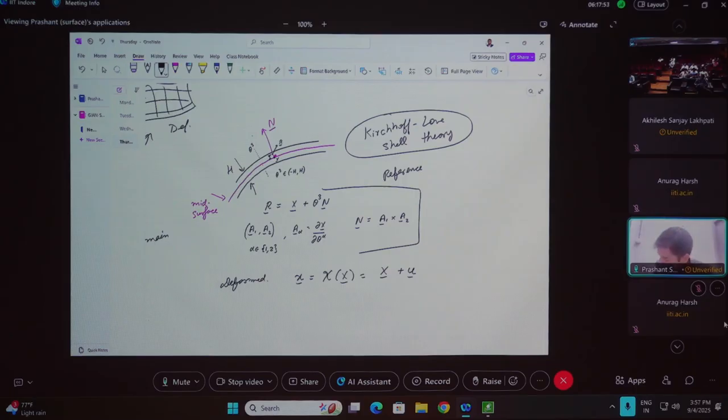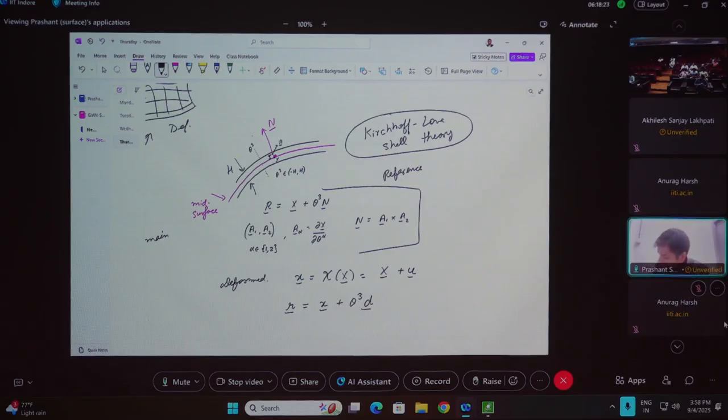And then you can write down the position vector of the deformed point using the same approach, plus theta 3 times the new thing that will come here, D, and D is what we call a director.